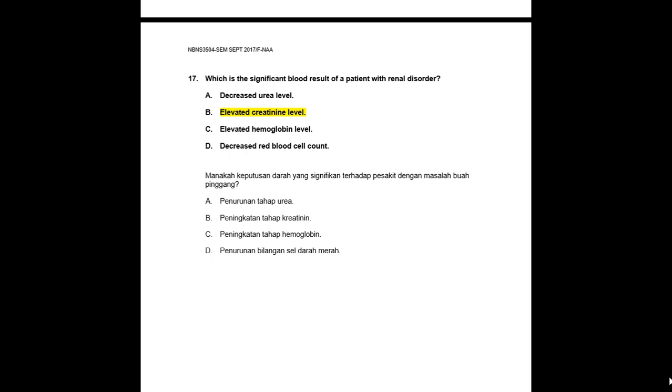Red blood cell count decreases over a long time. So the best answer is B, elevated creatinine level.